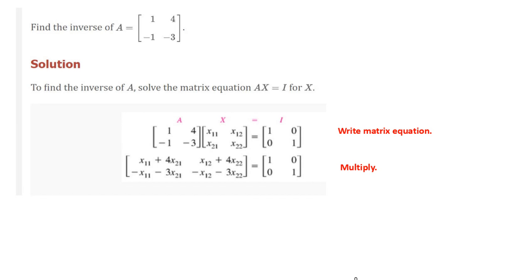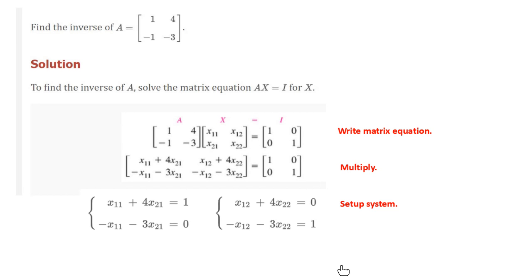Okay. So what we're doing is we're actually creating a system that we're more familiar with. So if I look at the first two here, x11 and 4x21, and negative x11 and 3x21, I'm going to use that to create a system. So for the first one, I'm going to use the 1 because that goes with this position. And the second one, I'm going to use the 0.